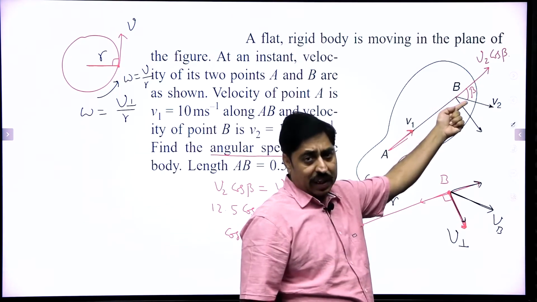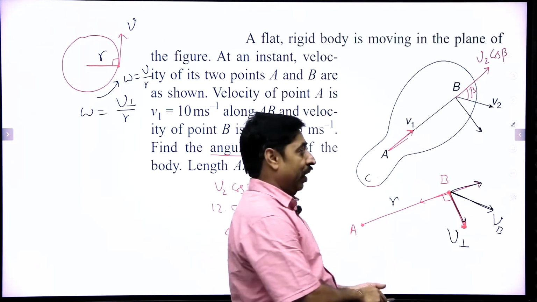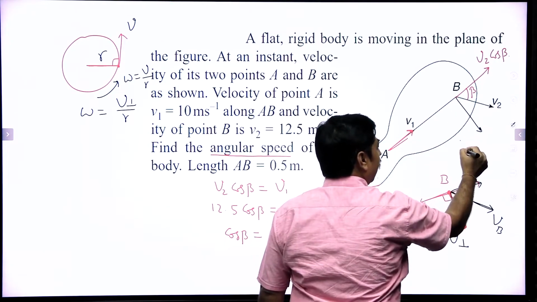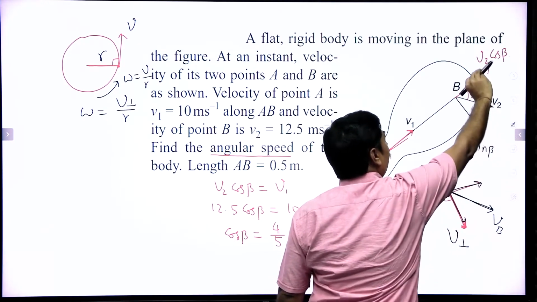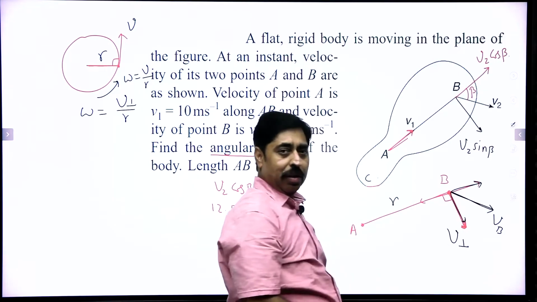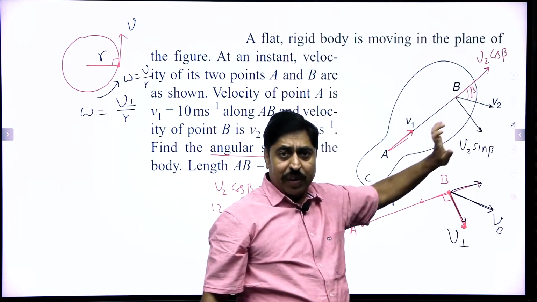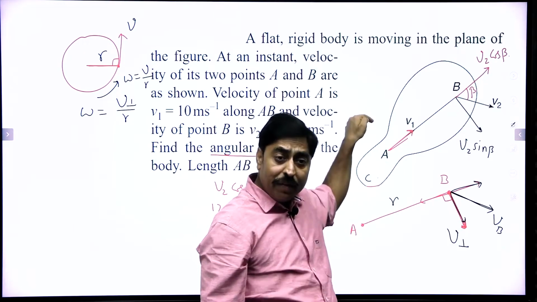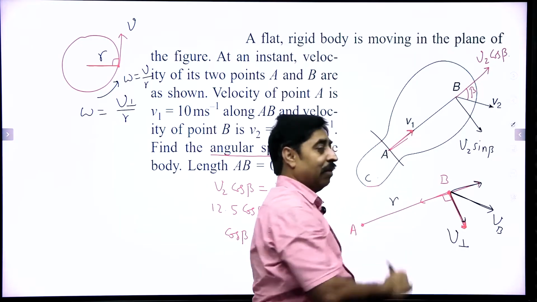A is moving in this direction. तो B की वेलोसिटी रिलेटिव टू A इस डायरेक्शन में क्या होगी? V2 sin beta. अगर मैं B की वेलोसिटी के दो टुकड़े करता हूं, cos beta और sin beta, तो B is having a velocity perpendicular to AB, and that velocity is V2 sin beta. A is not having any velocity in this direction. A is not having any velocity perpendicular to this line.